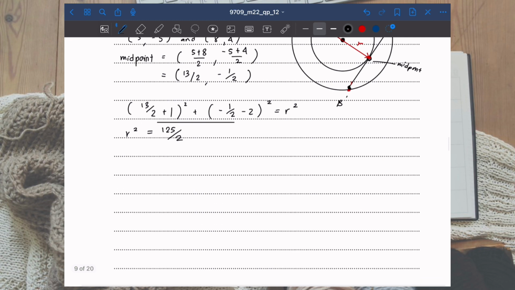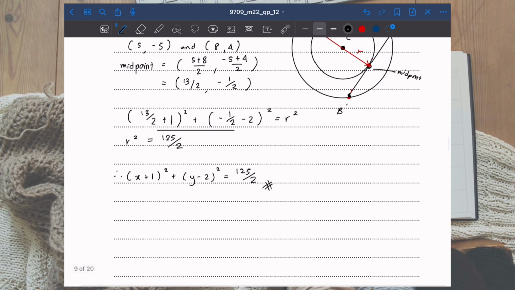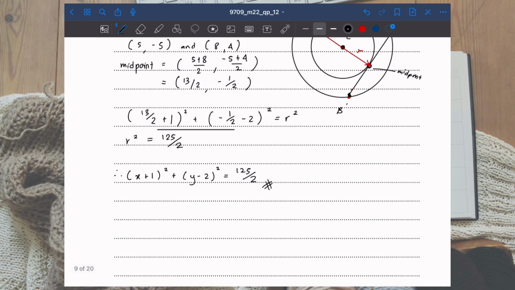So our equation of the circle will be (x + 1)² + (y - 2)² = 125/2. That will be your equation of the circle.